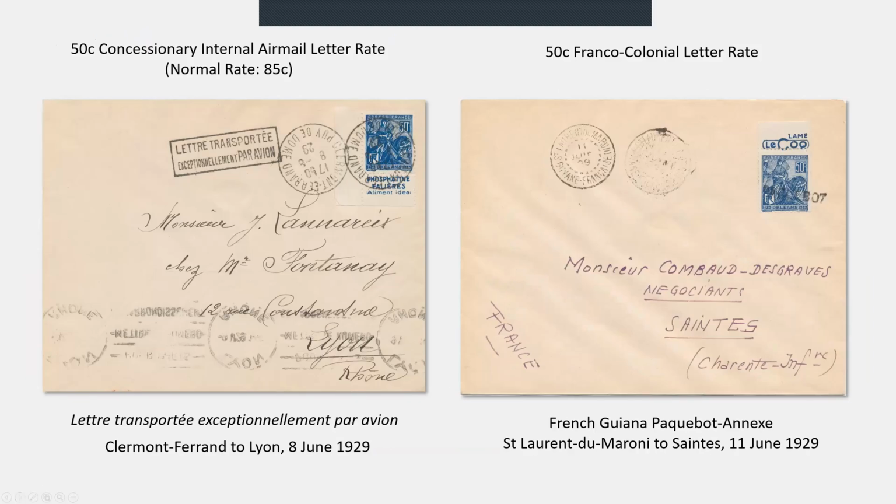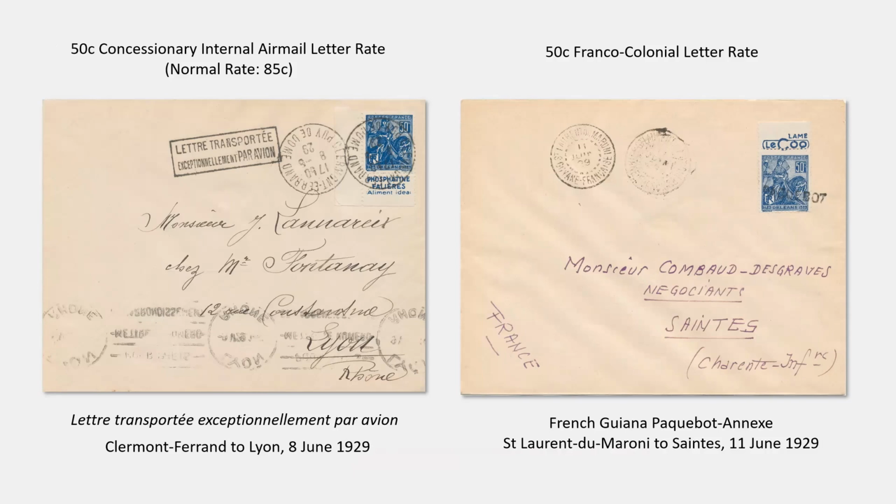Another concessionary rate operated from 1929 through to 1937, when the post office was promoting its airmail service by waiving the 35 centime airmail fee on selected items of mail, as seen on the left. The maximum amount of airmail permitted on any flight was 10 kilos.